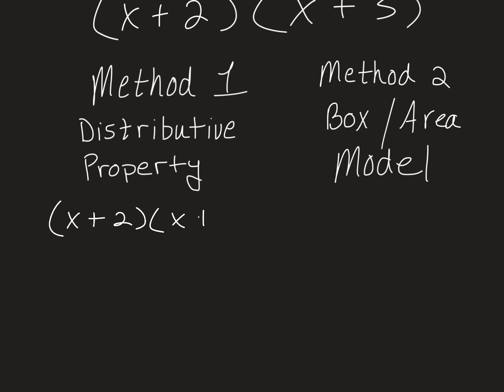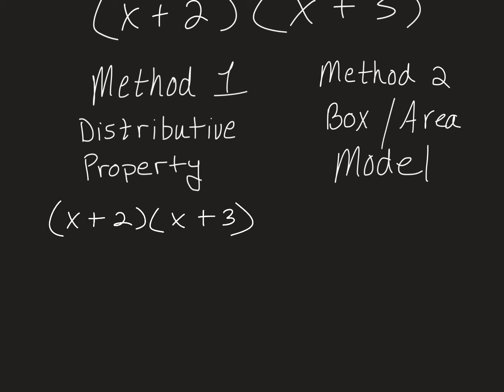And as you will recall, distributive property means that we are going to take that x and we are going to distribute it in just a moment to the x plus 3. And then we are also going to distribute the 2 to both of the terms inside of that second binomial as well. And distributive property means multiply, right?